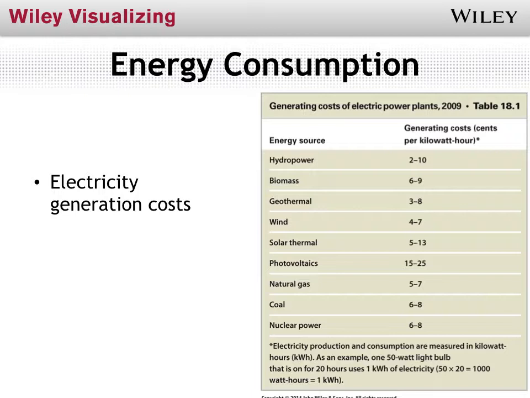So then again, what is really the reason that we haven't gone from using the non-renewables like coal and natural gas to using some of the others? Well, in the case of photovoltaics, it's the cost. You have to have a fairly large electrical bill every month for the cost of the solar system to pay for itself in a reasonable amount of time.